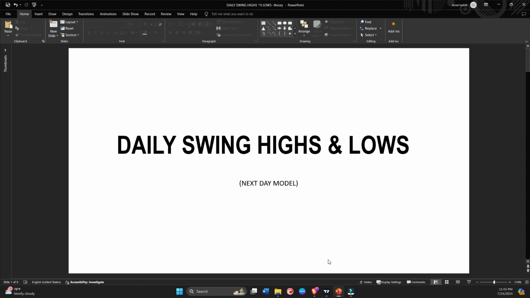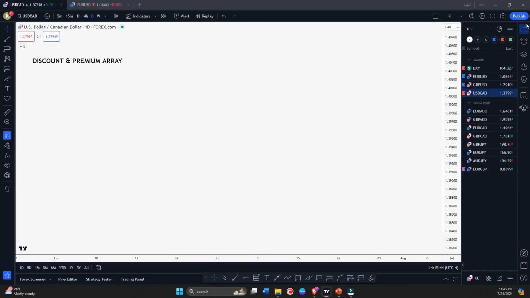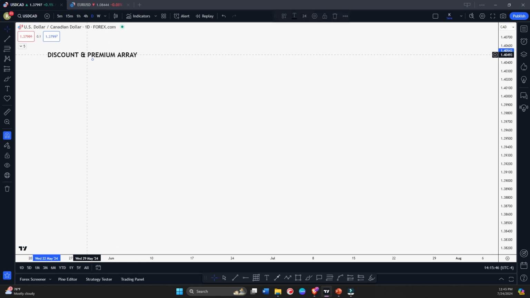People say one level is buy side liquidity, external this, and it is the same. The logic is the same, but people have given different names. So first of all, in the trading industry, in ICT, you will see people mentioning discount and premium array most of the time. What does it mean? I want to touch on this before starting our PPT.